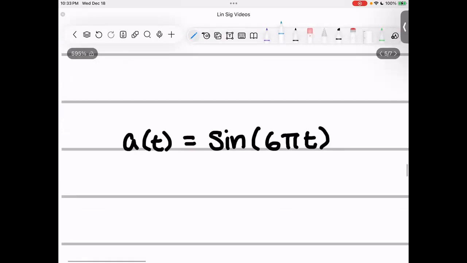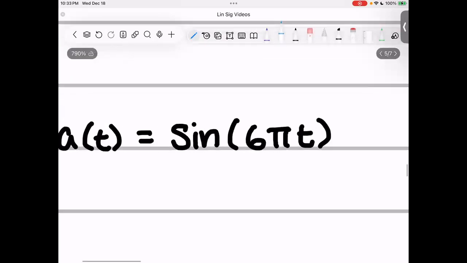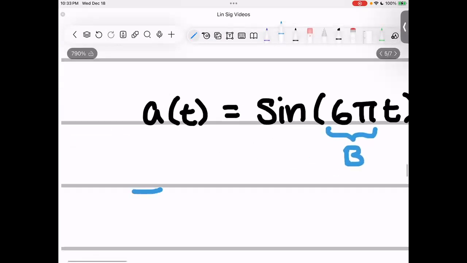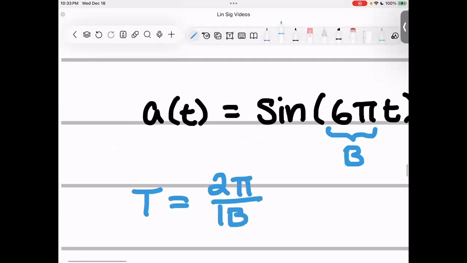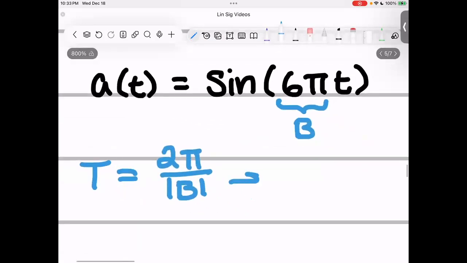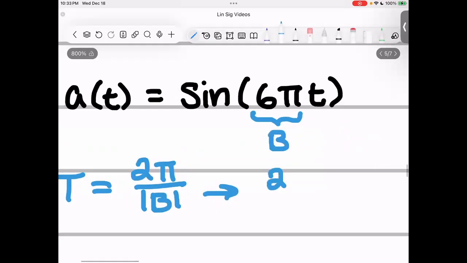So we have the sine of 6 pi t. Here we have our b, and remember that the formula for T is 2 pi over the absolute value of b. Here we have 2 pi over 6 pi.